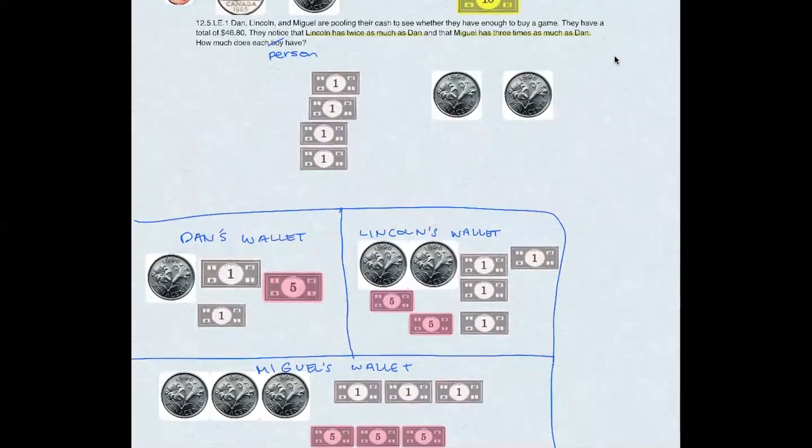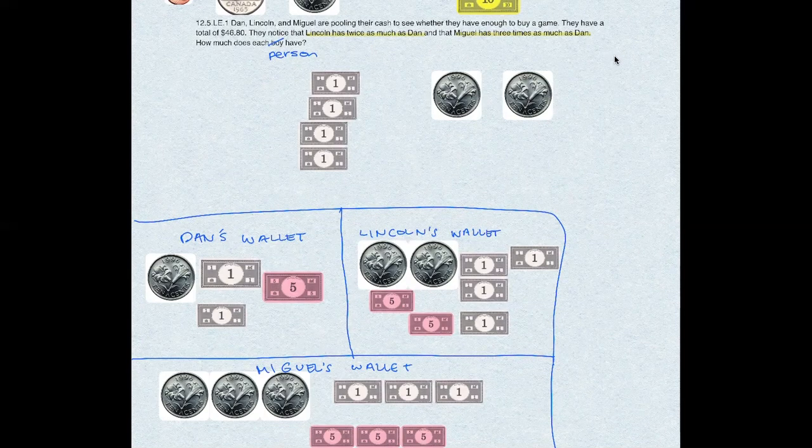I have $4 left, and unfortunately, I can't play that game again of $1 to Dan, $2 to Lincoln, and $3 to Miguel. I have $1.20 left.